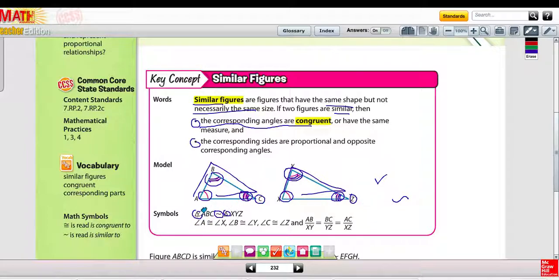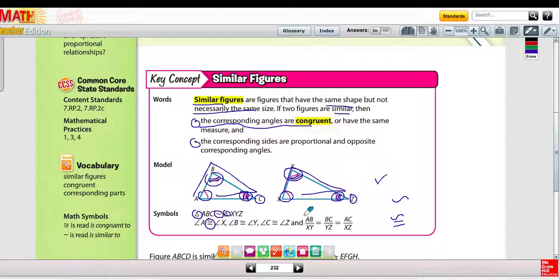And then it also says that angle A is congruent. So here's your symbol for congruent, an equal sign with that little mark on top. And it goes through all of the angles that are congruent to one another.